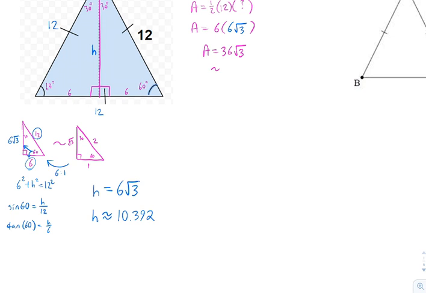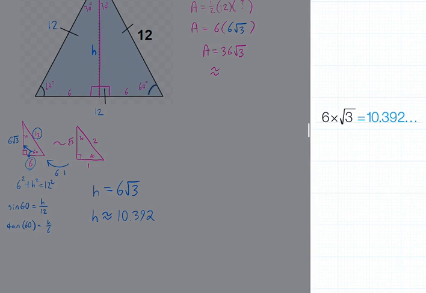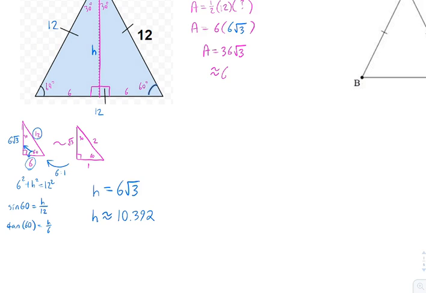But that comes out to be approximately, and what I'm going to do off to the side here is go 36 times square root of 3, or just plug in the 10.39, and we get 65. I'm going to round it to 2 decimal places. 65. Why did I say that? 62.35. So 62.35.